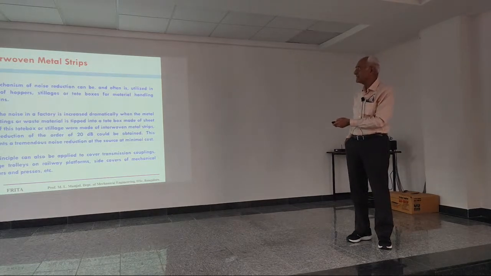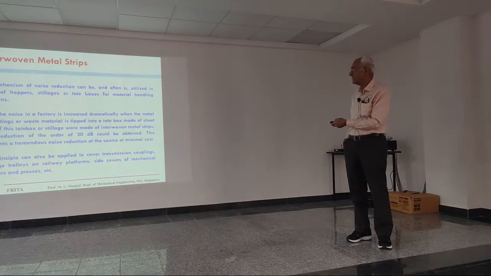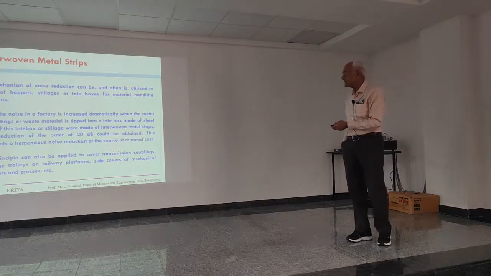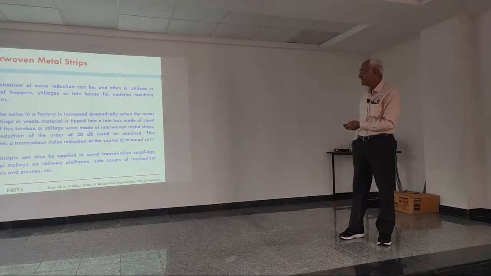This mechanism of noise reduction can be, and often is, utilized in the design of hoppers, stillages, or tote boxes for material handling operations. Often the noise in a factory is increased dramatically when metal cores, castings or waste materials are dumped into a tote box made of sheet metal.